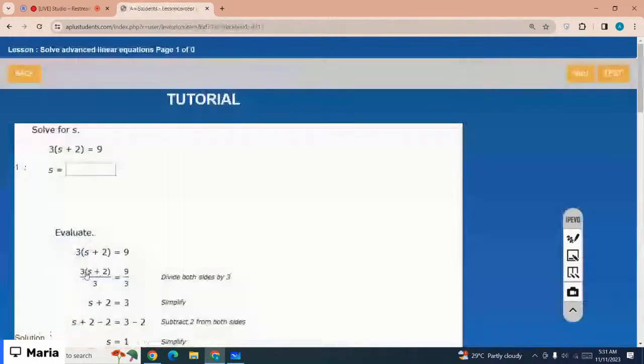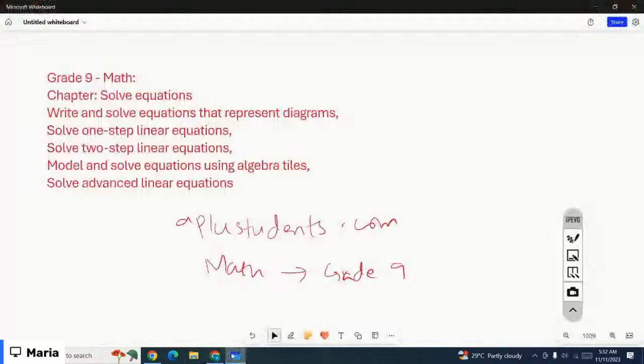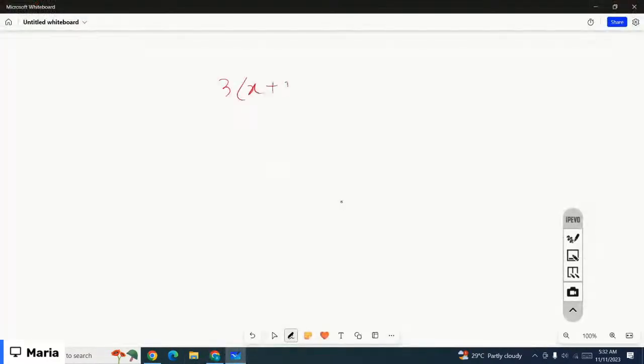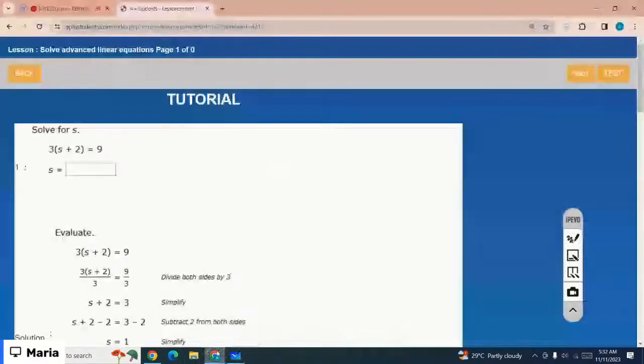Okay, the first one is 3 times (x plus 2) equals 9. So basically what you have to do, 3 times (x plus 2) equals 9, right?